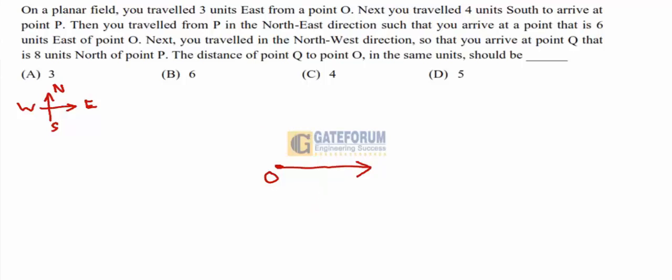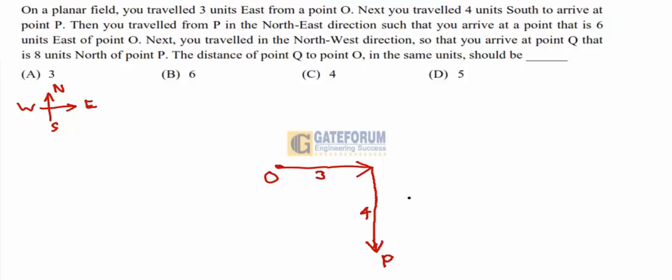Next, we travel south. So south is this side, and we travel 4 units south to arrive at a point P. So this is point P.